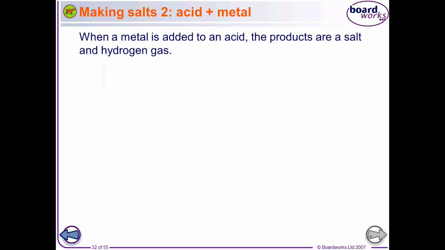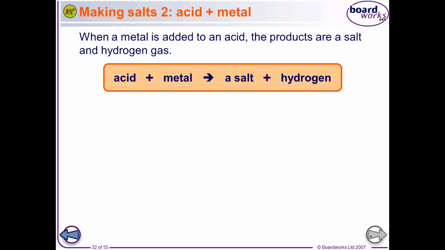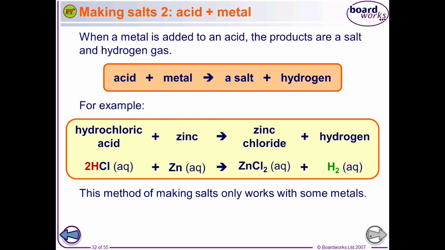Right, the next example you need to know is what happens if you add an acid to a metal. We've added an acid to a metal hydroxide previously. Now we're adding an acid to a metal. Again, we still get a salt, but instead of getting water, this time we get hydrogen. An example of this would be hydrochloric acid plus zinc metal, and the salt comes from the metal and the acid combining, so zinc and then chloride because we've used hydrochloric acid.